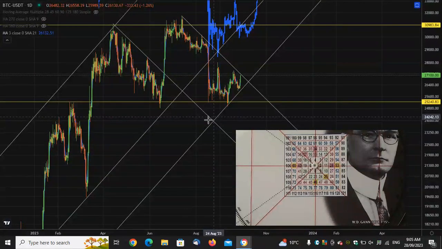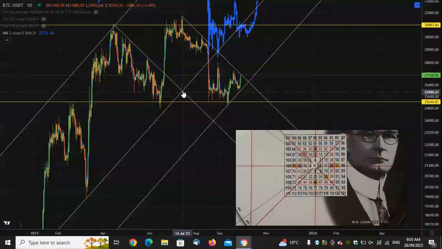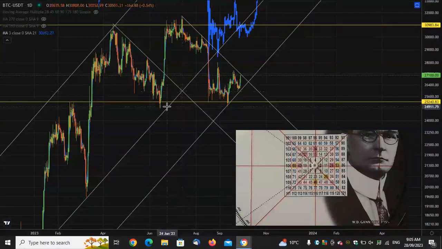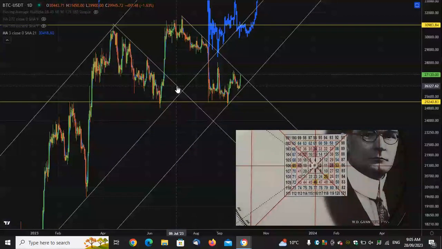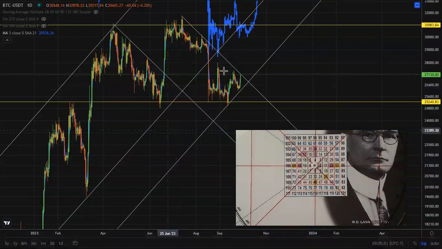In our last few tutorials, we were talking about drawing these trend lines correctly. And of course, we were also discussing that where they cross, both of these white lines here are consistent with a 45-degree angle drawn up from our bottom here.